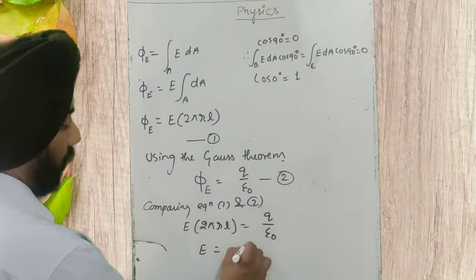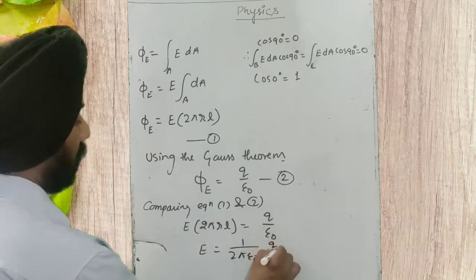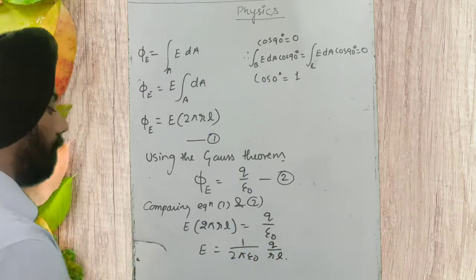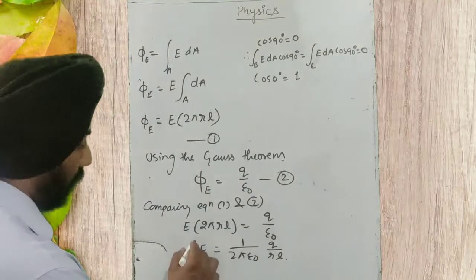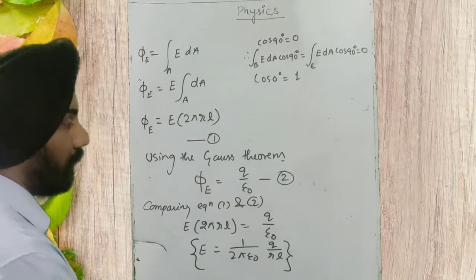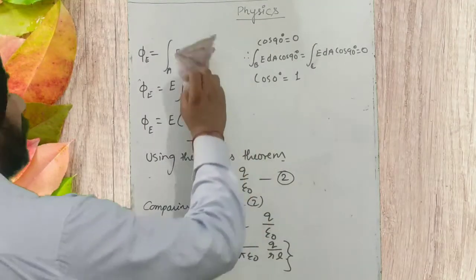So E will be equal to 1 upon 2 pi epsilon naught Q by RL. This is the equation we got for the electric field at point A, where the electric field is to be calculated.